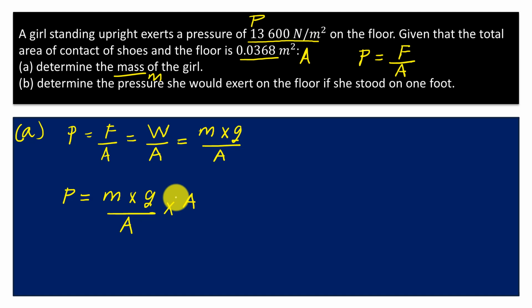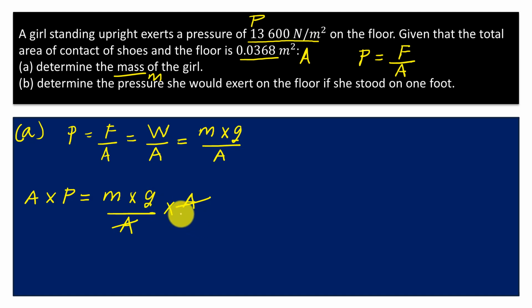Now what you do to the right hand side, you can see I've multiplied by a. I will also multiply by a the other side of the equal sign. And you can see that a and a will cancel out. The next quantity I want to get rid of is g, and you can see g is a numerator.